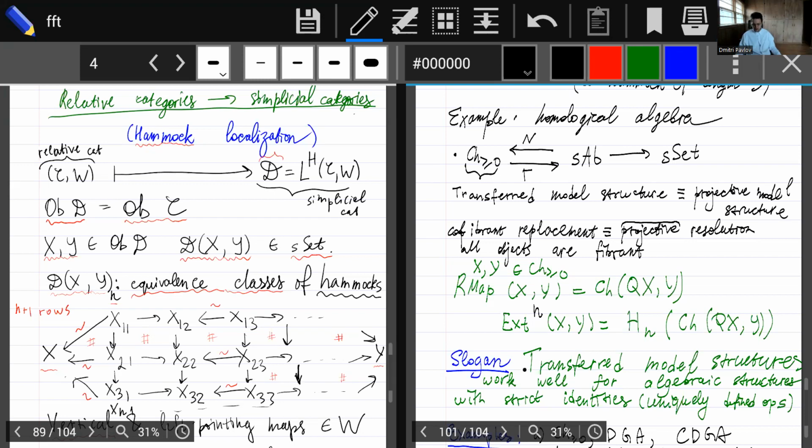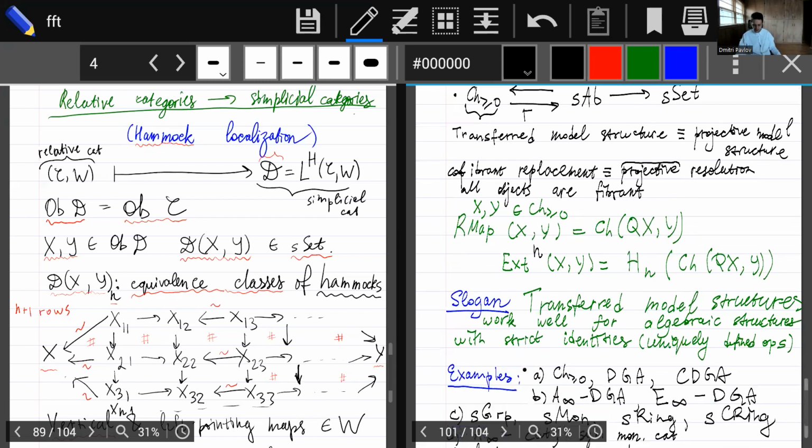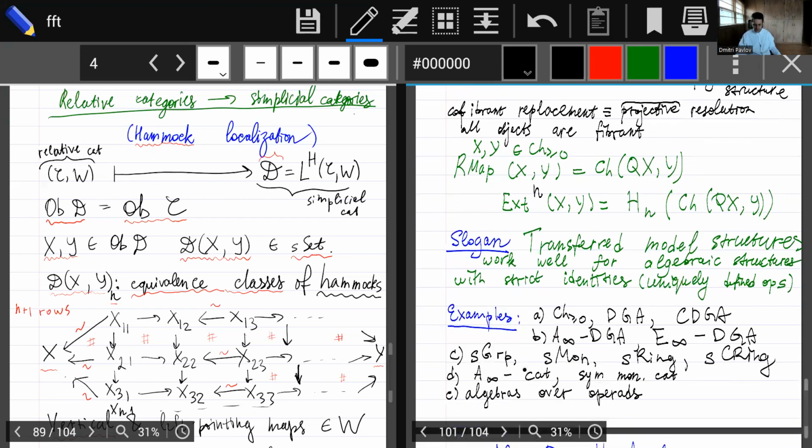All right, so maybe we can summarize the discussion so far: transfer model structures work well for algebraic structures with strict identities and uniquely defined operations. I'm going to just list a bunch of examples.